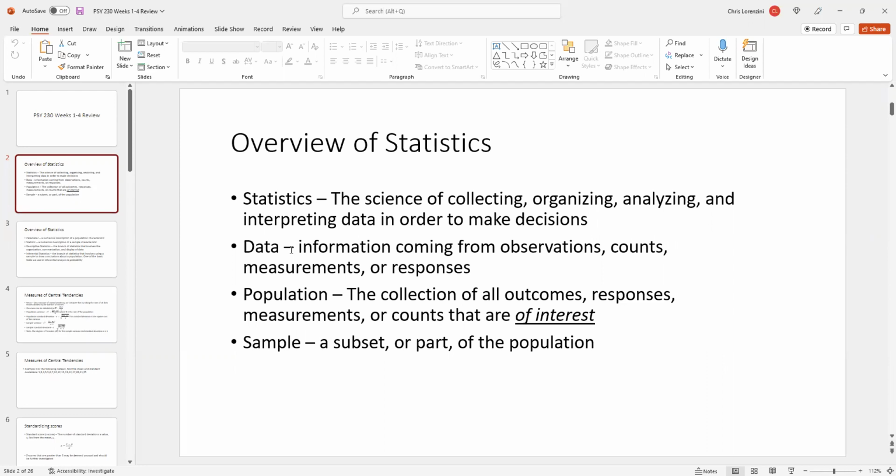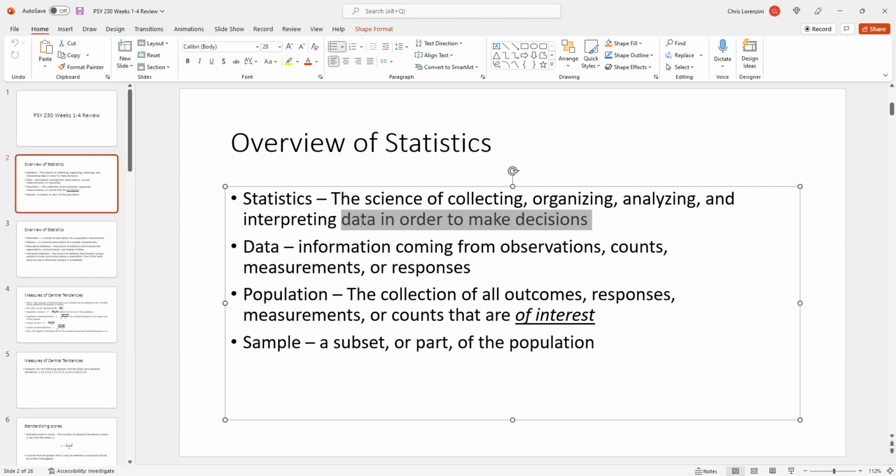And data is just any information we can collect. So anything I can observe, record, count, measure, anything like that can be considered data. So the concept is we take that information, we combine it, we do statistical analysis on it, and we end up coming up with conclusions, and we're able to make decisions based on those conclusions.